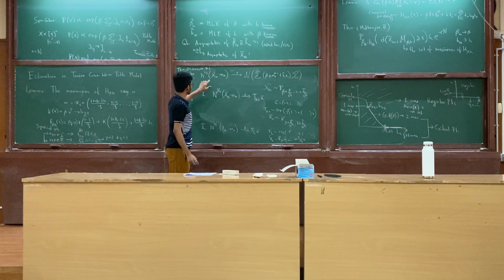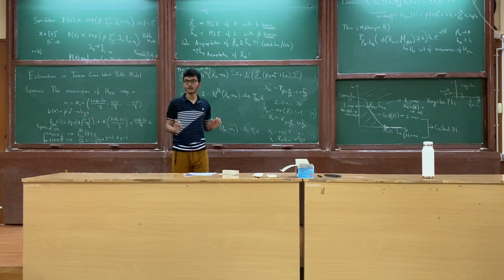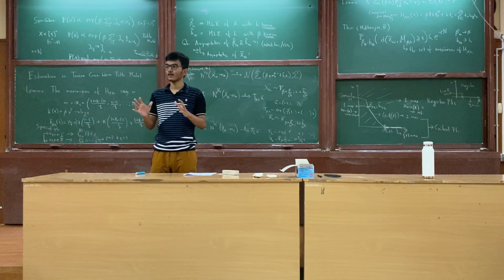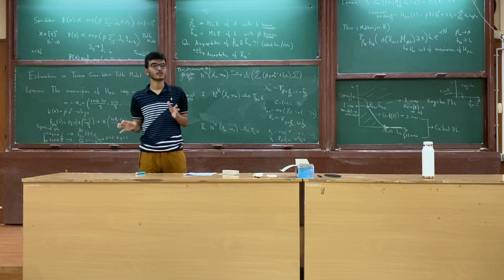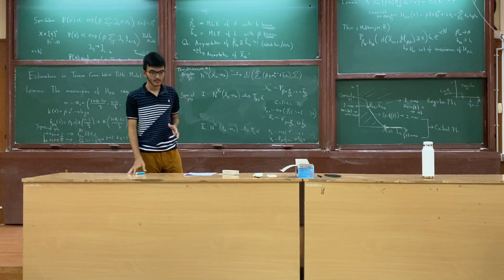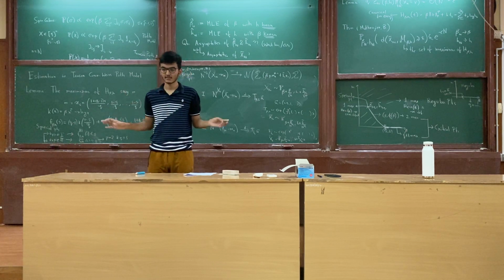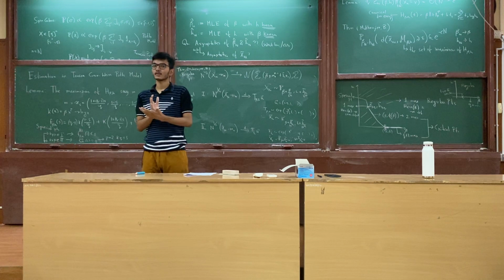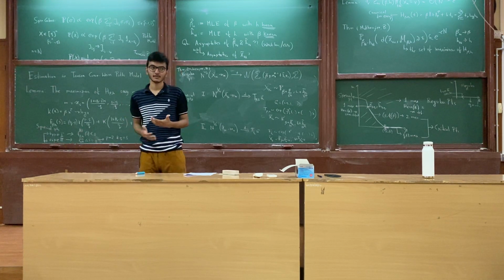So why is this 2, 4, and 6 coming? Let's give an intuitive description of this. What is a maximizer? If you want to find a maximizer of some function, you are interested in finding roots of the derivative or gradient. Let's just think of it as a one-dimensional thing. Now this root can come in various multiplicities.